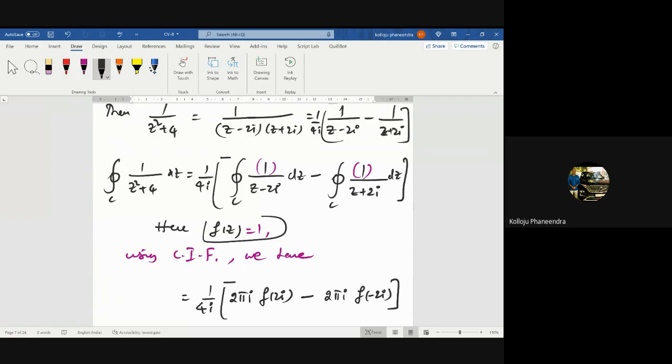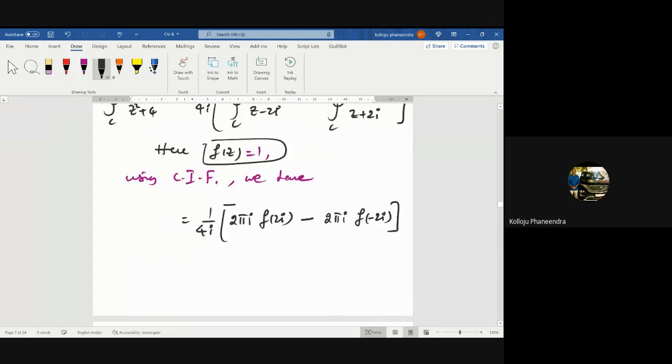Anyway, what is f of z value? 1. So 1 by 4i, this is 2 pi. Since it is a constant function, the value becomes 1. So this value is 0. This value is 0. Any doubts?